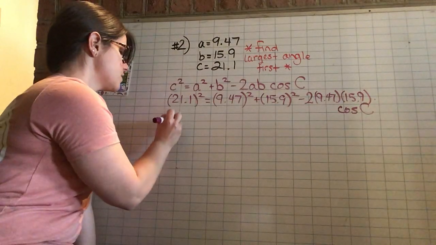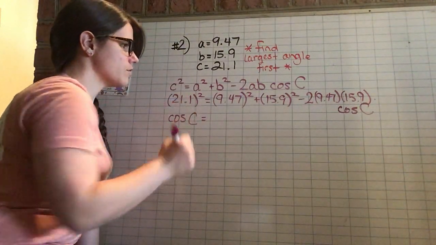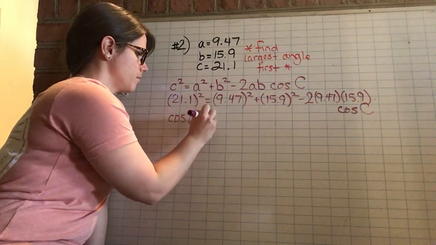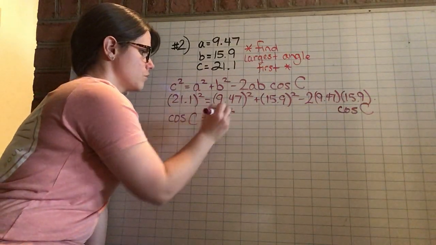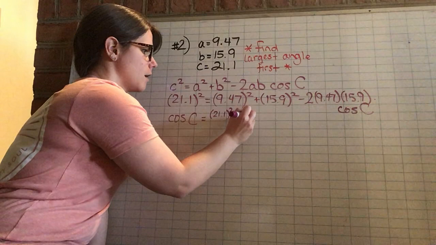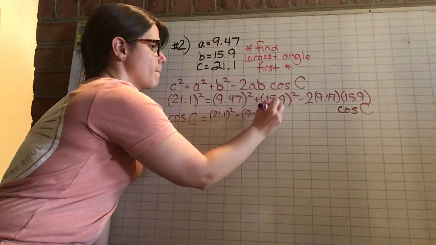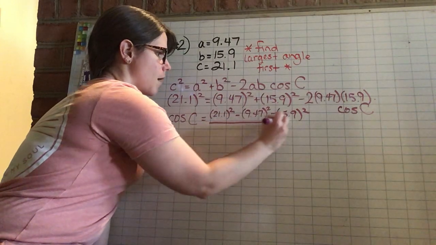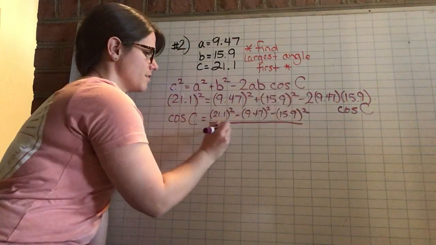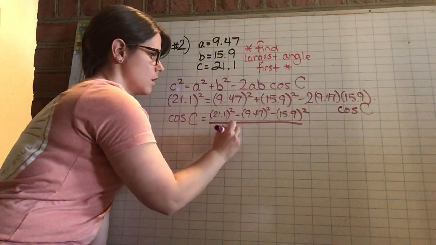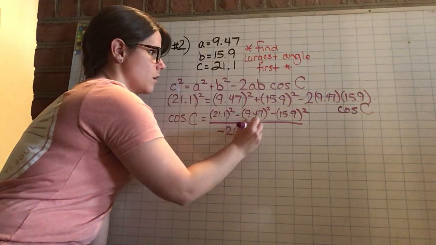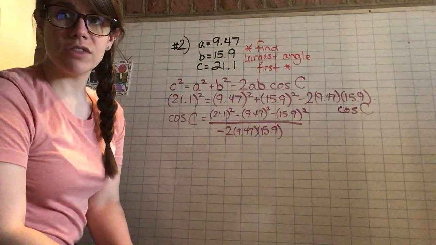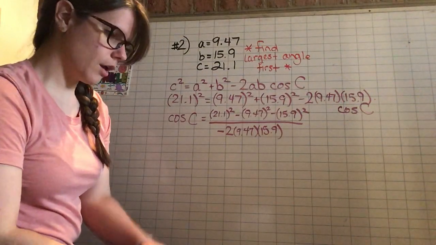So cosine of C is going to be this really complicated fraction: 21.1 squared minus 9.47 squared minus 15.9 squared, divided by, and remember this is negative 2 times 9.47 times 15.9. Use enough parentheses when you plug that into your calculator.